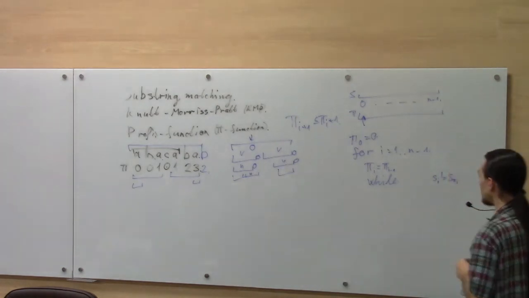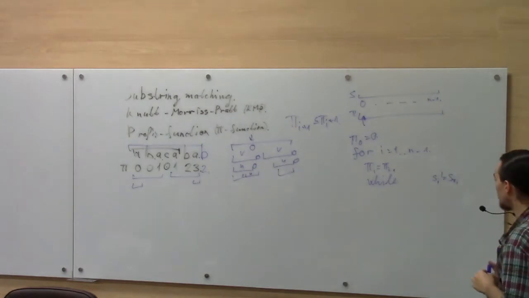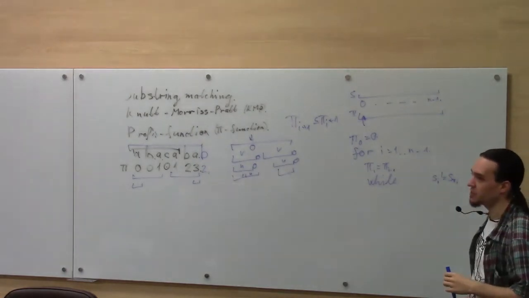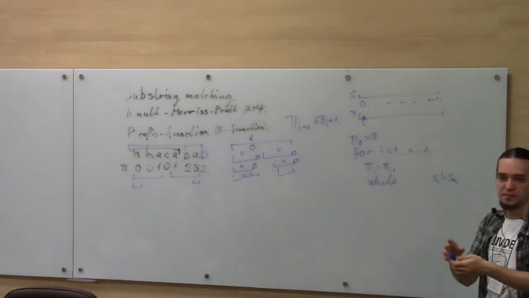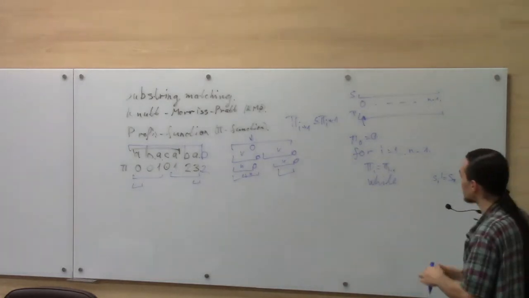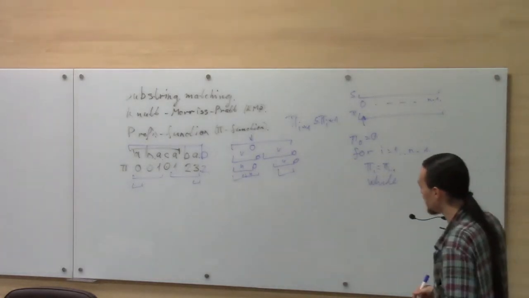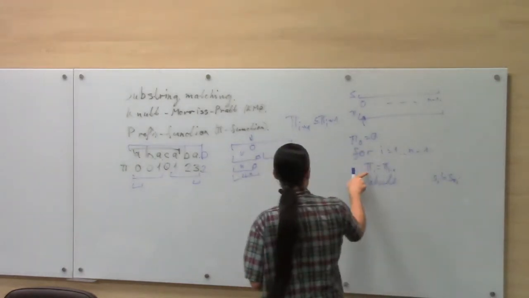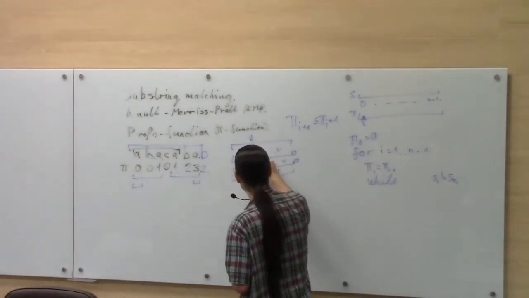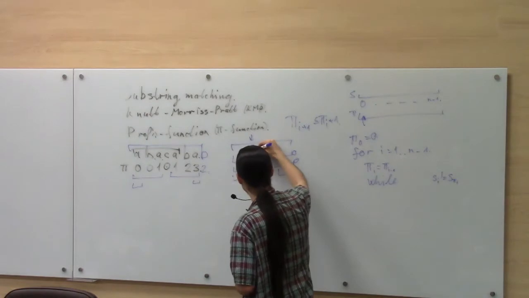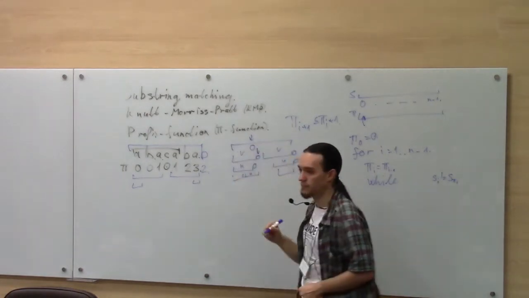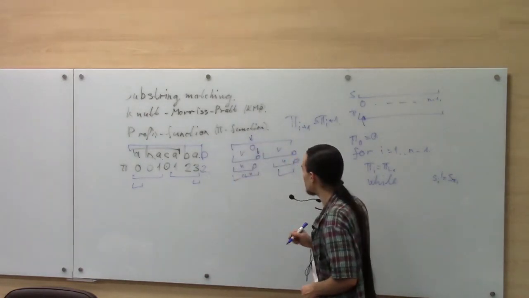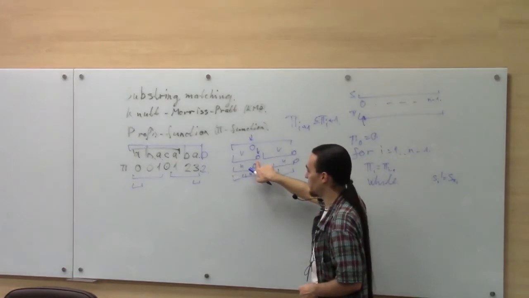Okay, so here we do, so if this doesn't match, then we have to go to a smaller prefix, right? And let's figure out what that will be. So our current value of pi points here, like on the first iteration it would point here. Okay, so where do we have to shift it?